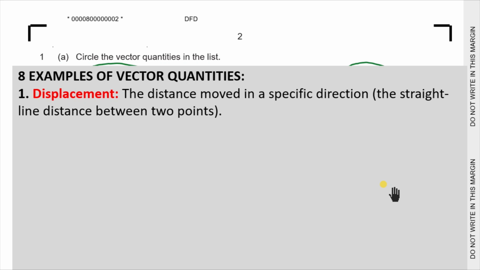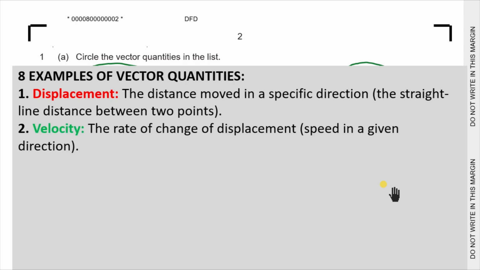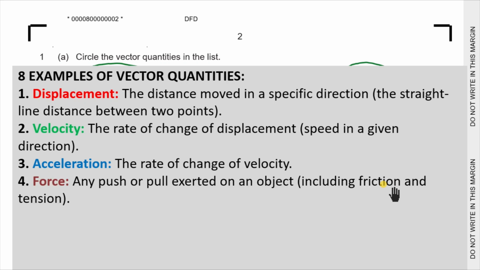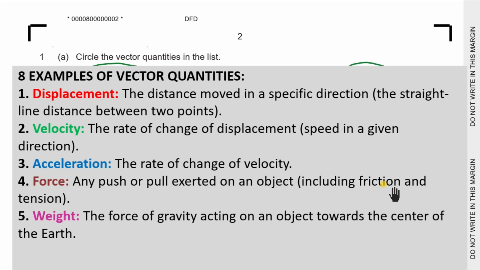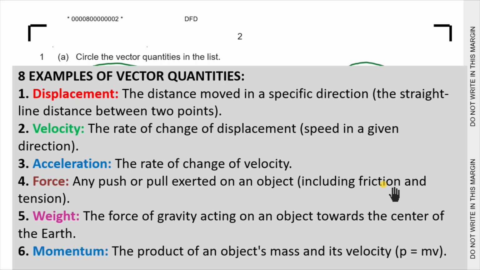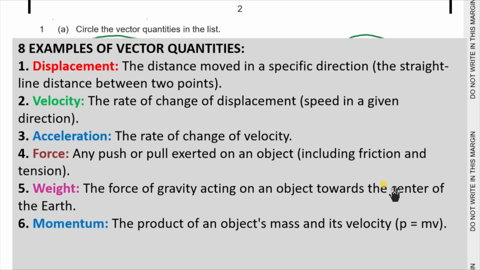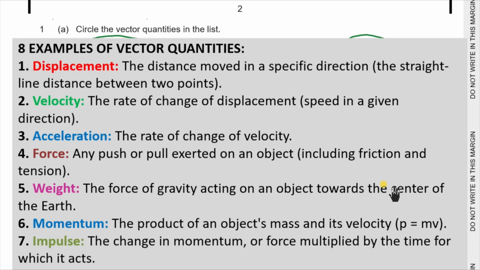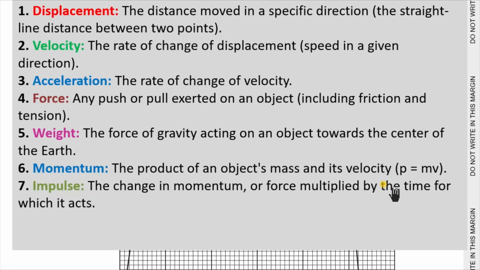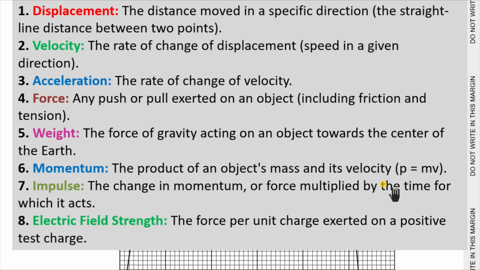We have displacement, velocity, acceleration, which are already given in the question, force, which is a vector quantity, weight is a vector quantity, momentum, impulse, then finally we have electric field strength, which is the force per unit charge exerted on a positive charge.